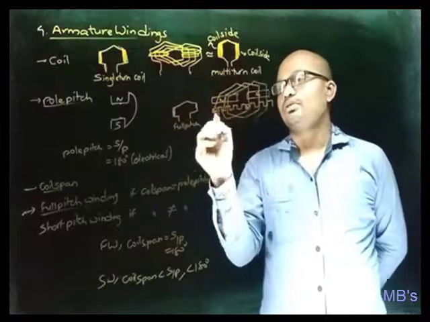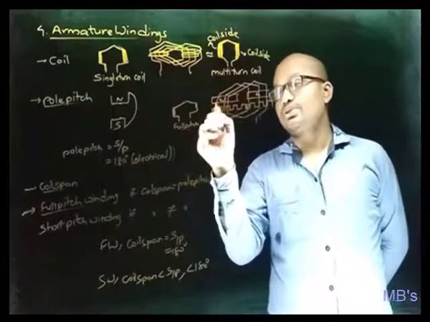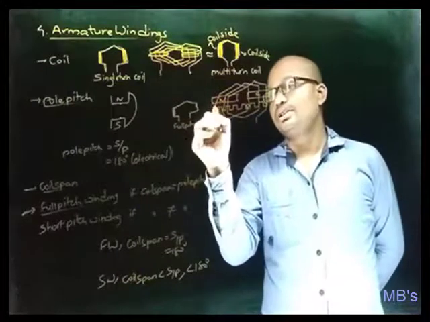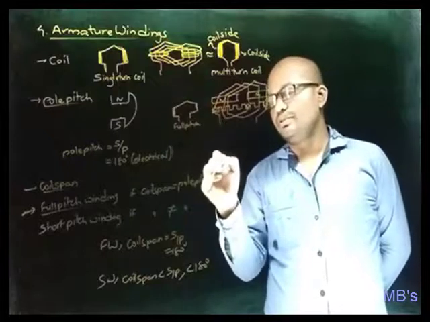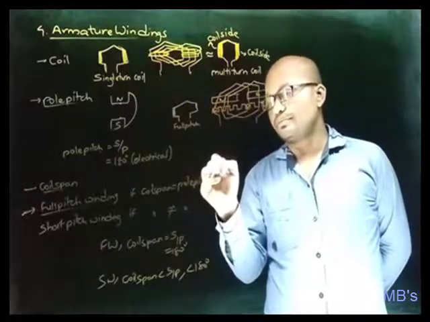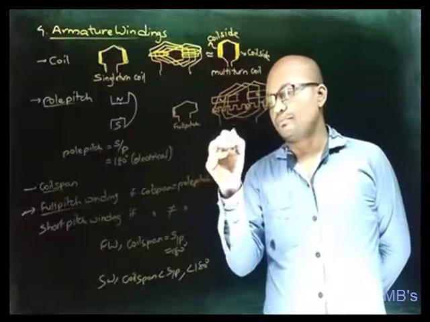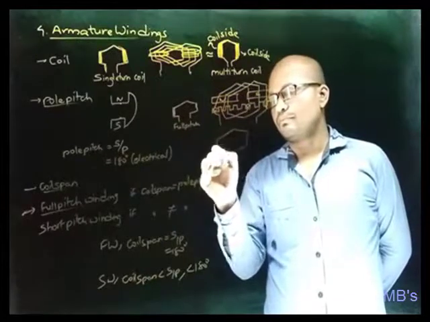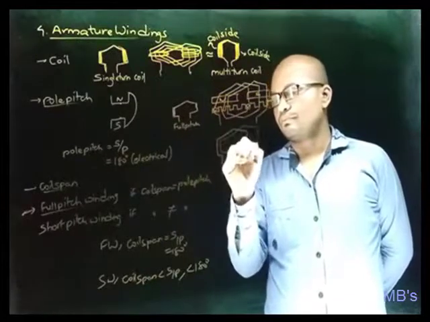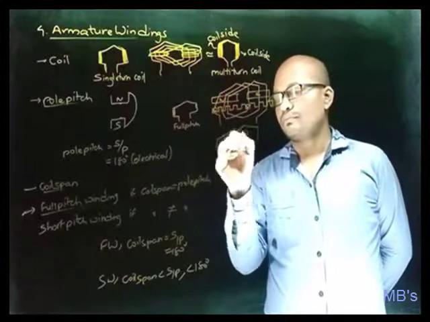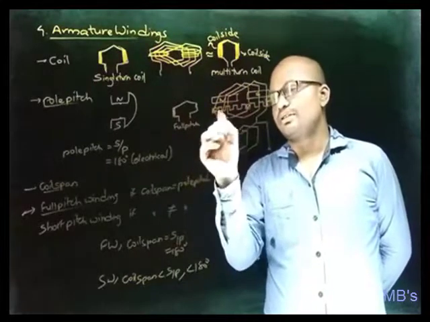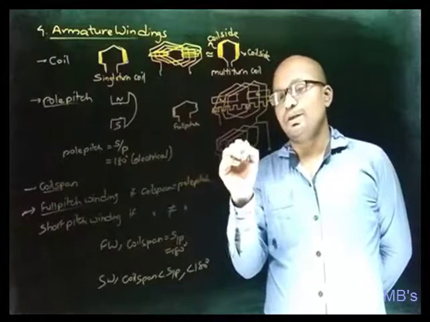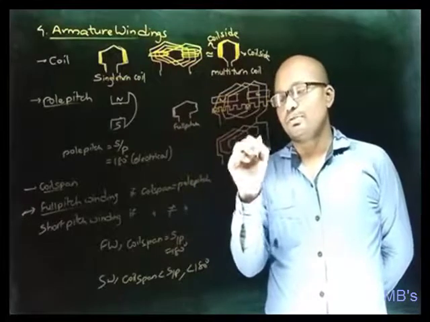so if you observe the EMFs induced in this conductor, now I am redrawing this again, winding without the poles. Let us suppose like this, and these three conductors are under the influence of North Pole, and these three conductors are under the influence of South Pole.